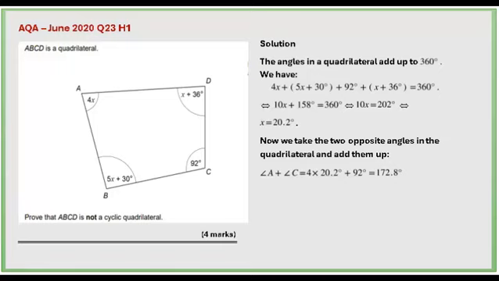Instead of x, we're going to substitute its value, 20.2 degrees. So we have 4 times 20.2 degrees plus 92, which adds up to 172.8 degrees.